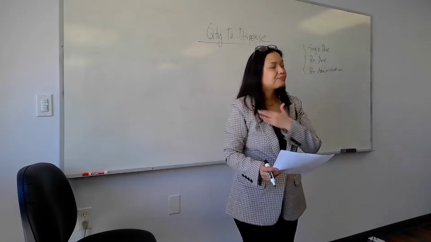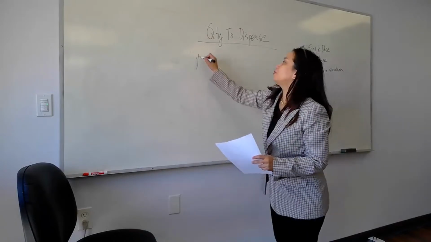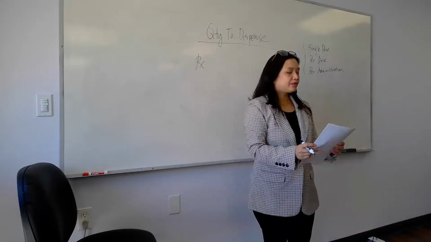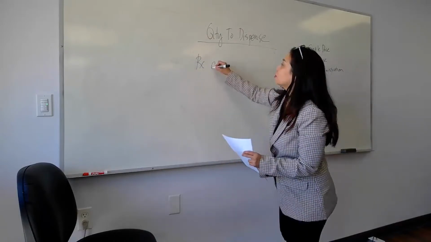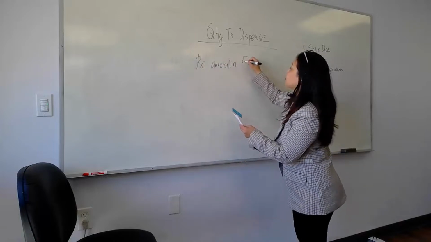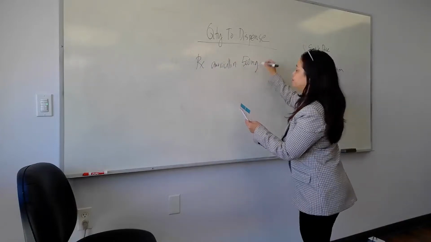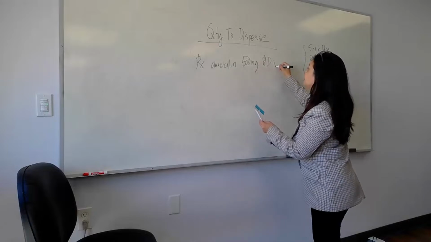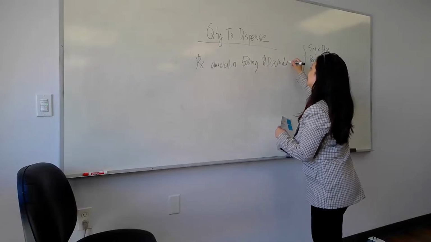You'll always have a prescription or an order. Amoxicillin is our first prescription, 500 mg BID times 10 days.